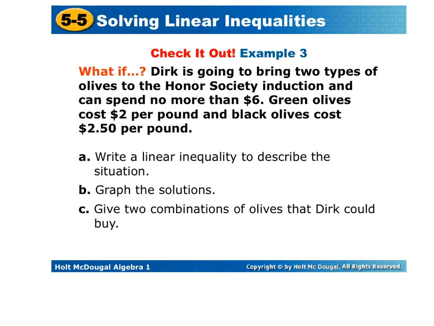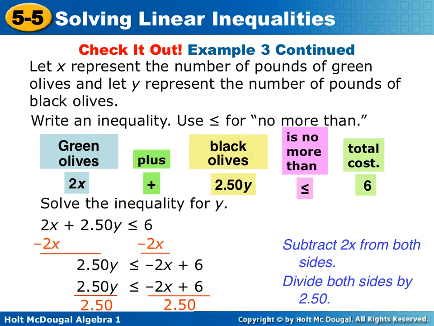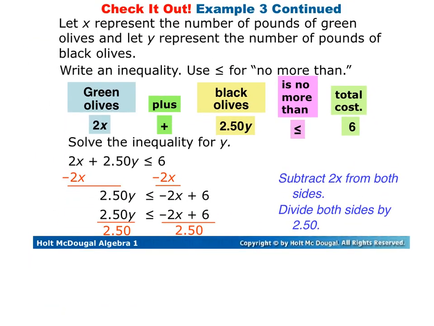Here's another word problem. Again, you're going to write your linear inequality and then graph it and then come up with combinations. We're going to do a couple word problems in the homework. I'm going to work through the first one with you. And here is their example for green olives and black olives.